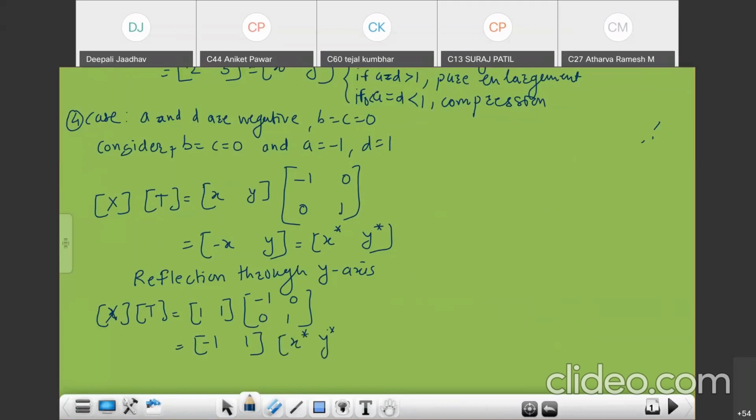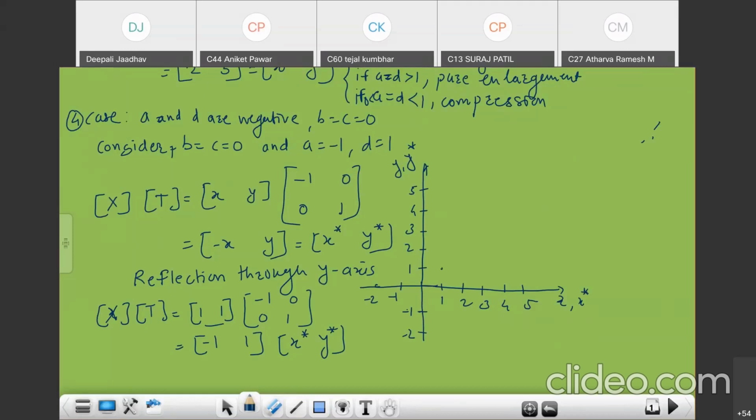Now I will show it with a simple line. Minus values are there, so I need -1, -2 also in the X and Y directions. Now what is our original point? It is 1, 1.